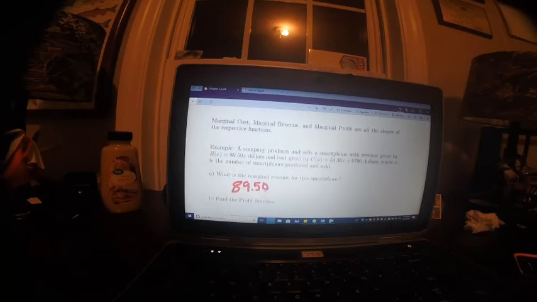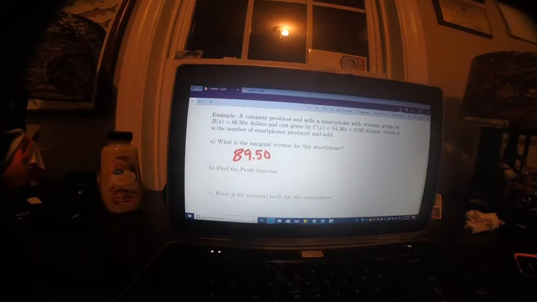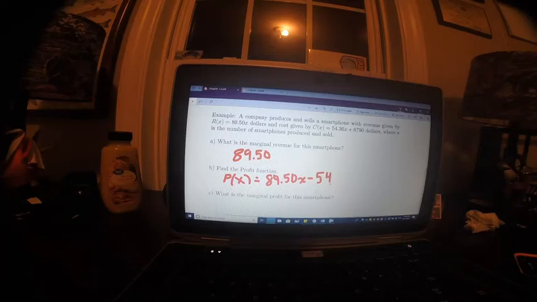So if we know our revenue function and we know our cost function, and we want to find my profit function, we'll say P of X. That's just going to be my revenue function, which is 89.5, and you can write 50 if you want to so it'll match everything, X minus 54.36X.